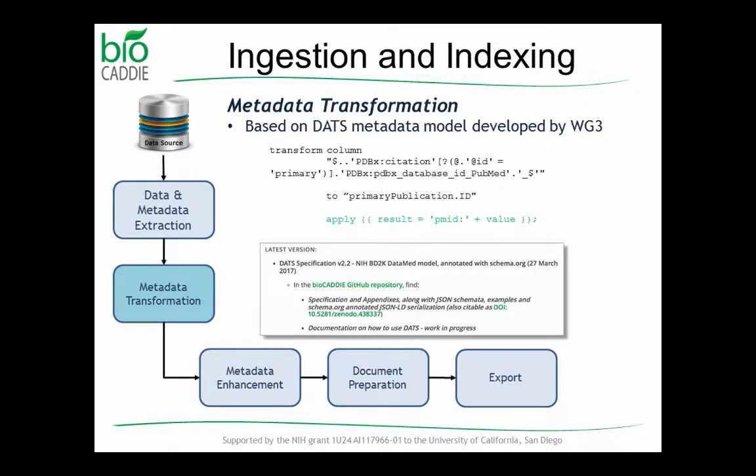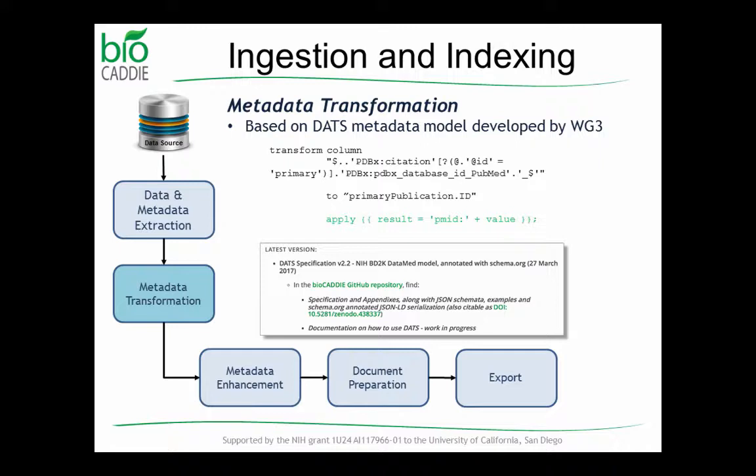In terms of metadata transformations, this is just an overview of how we're doing this. So we have a transformation language that we use to actually do the transformation. We get metadata from repositories. There are a few repositories that are actually providing DATS, but most of them do not provide DATS yet.